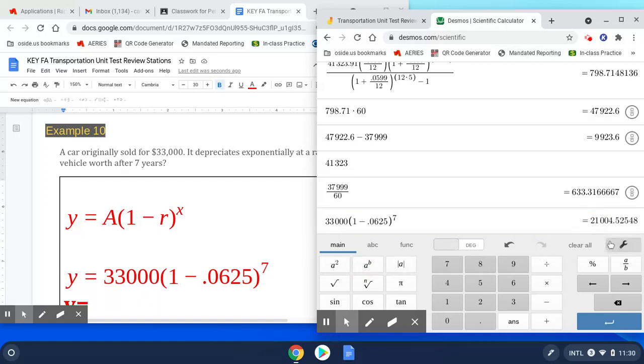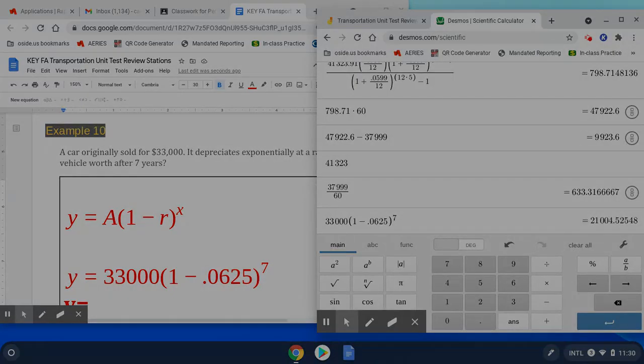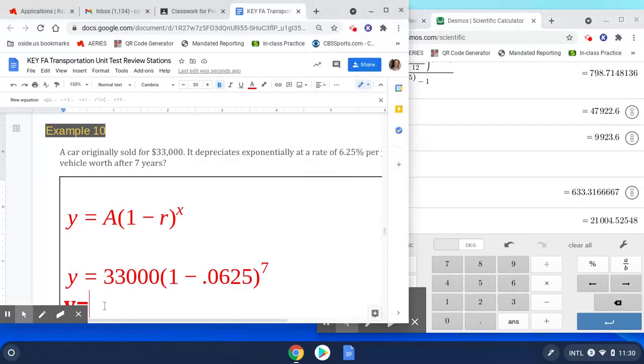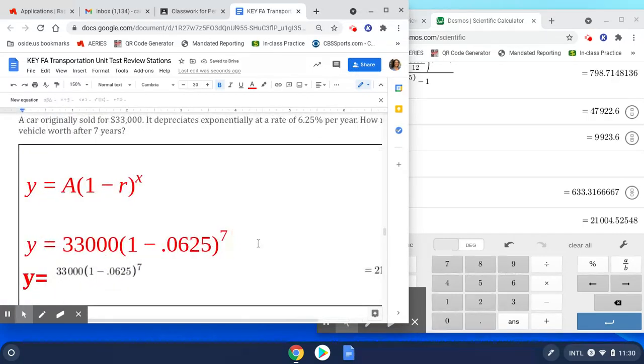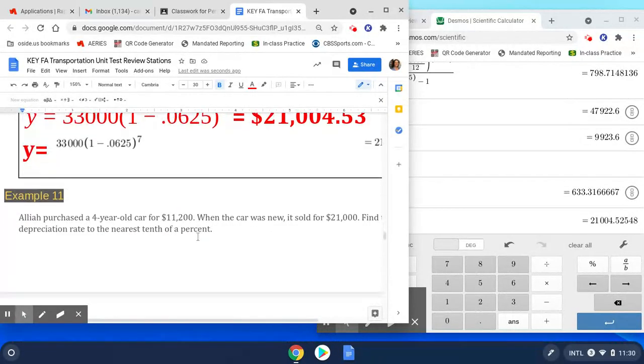So the vehicle is worth $21,004.53 after 7 years. Okay, so we're just plugging into this exponential depreciation formula from Math 1. And those are all the parts that go into it.